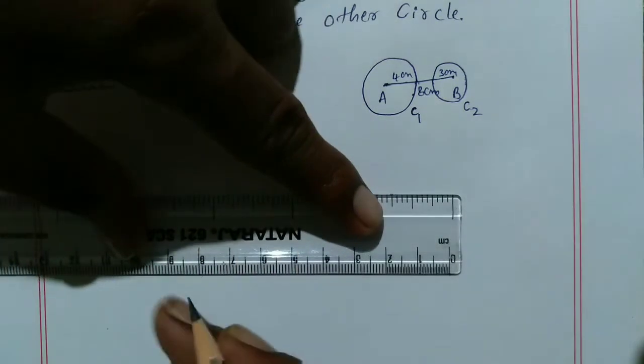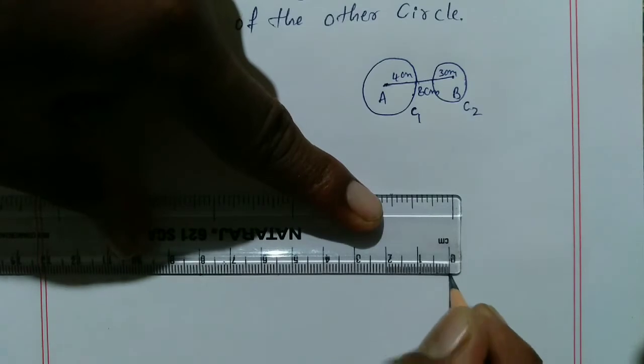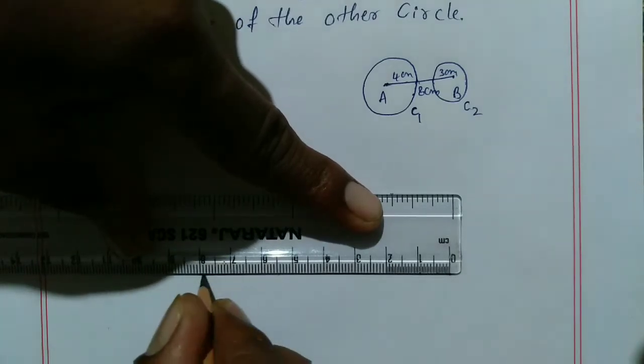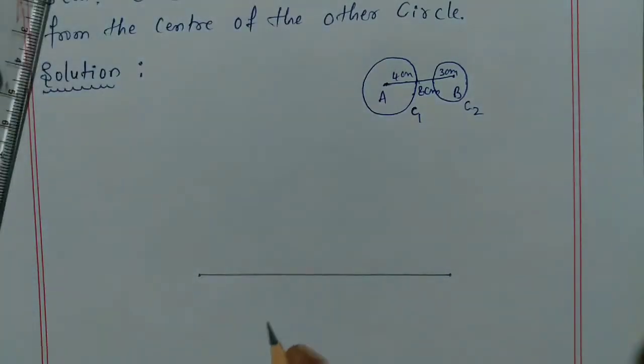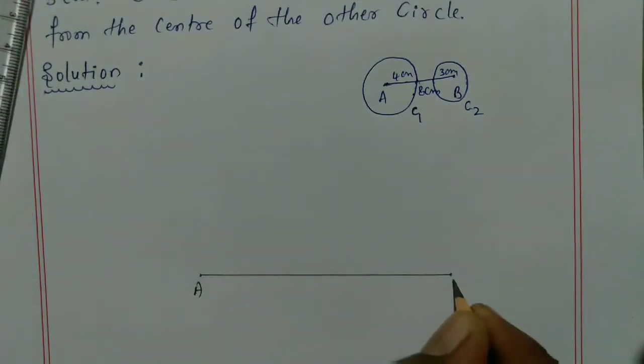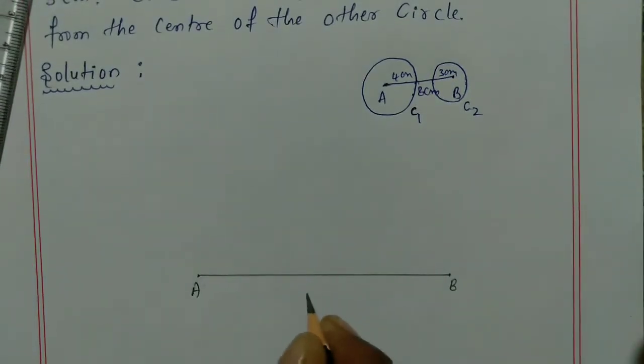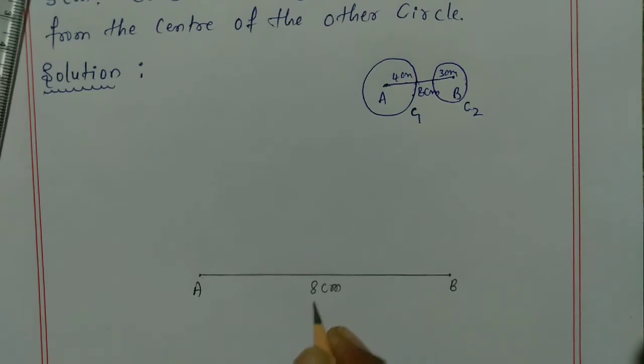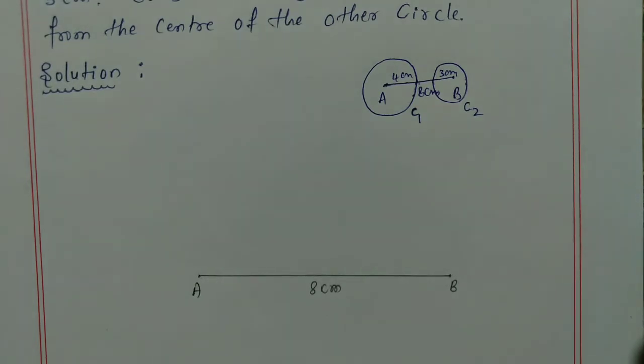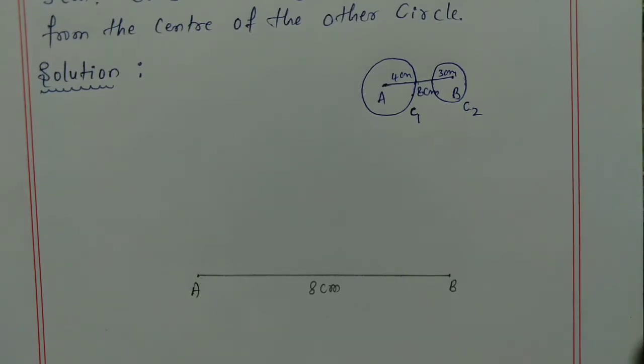So you can first locate two points and join these two. This is 8 centimeter. You can call this one A, this one B. So the AB line segment is 8 centimeter. Next, taking A as center, you can draw a C1 circle of radius 4 centimeter.